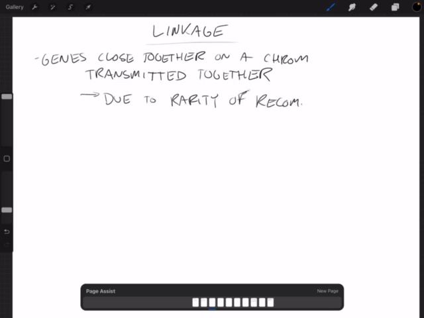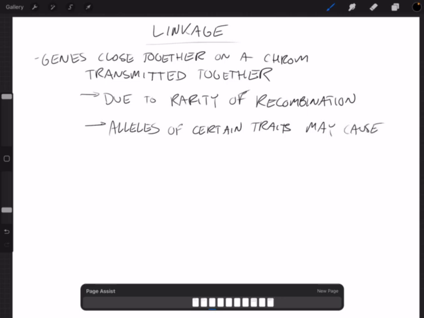We will actually draw this out in a minute. What this means is alleles, or variants of genes, of certain traits may cause a co-occurrence of these phenotypes.